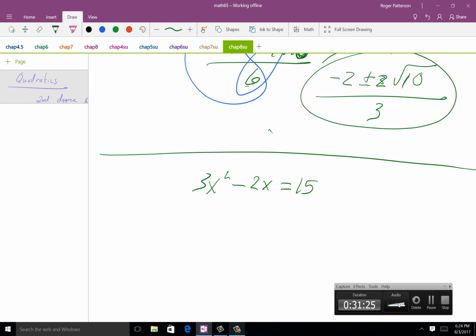But what do we have to do first to get it so we can use the quadratic formula? Gotta set it to 0. Okay, easiest thing to do, we just slide the 15 over. Now it's equal to 0, and we can do it.